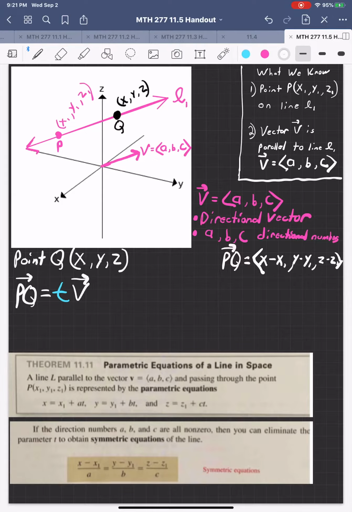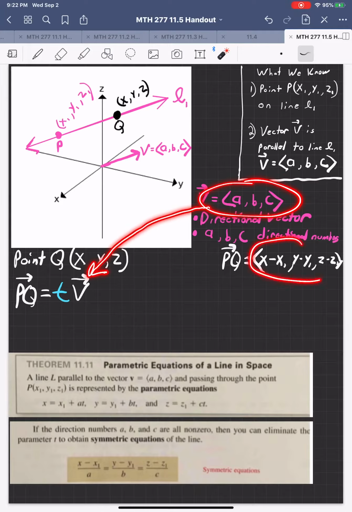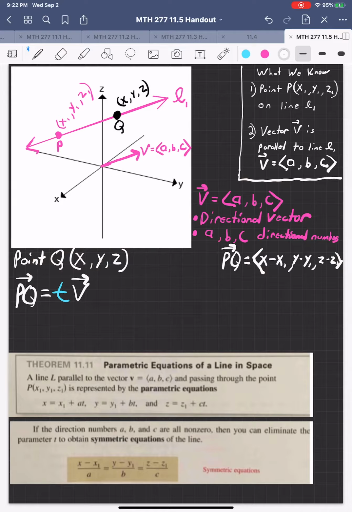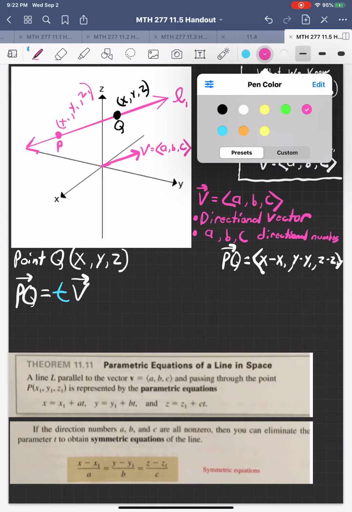All right, and so all I'm going to do is plug in for V, plug in for P to Q, and distribute that T. Ready? Let's go ahead and get to where we need to be.